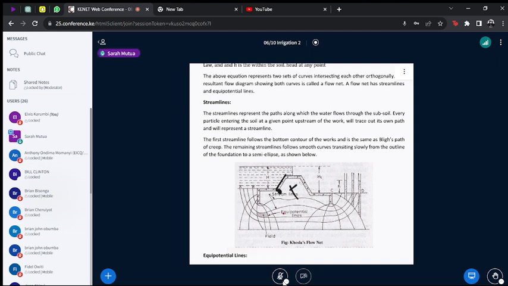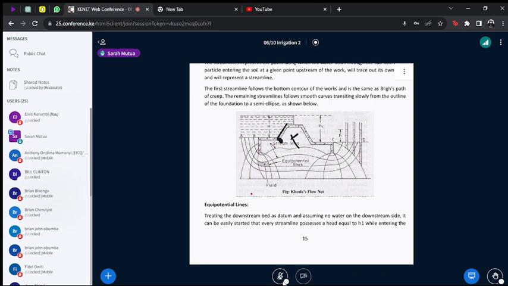When you are drawing flow nets, you are able to establish the number of streamlines and the number of equipotential lines. We will not go into details about that because it's a little bit lengthy, but just understand that, and if you have come across it, bring that concept of flow nets here. So let us now look a little bit at the equipotential lines.